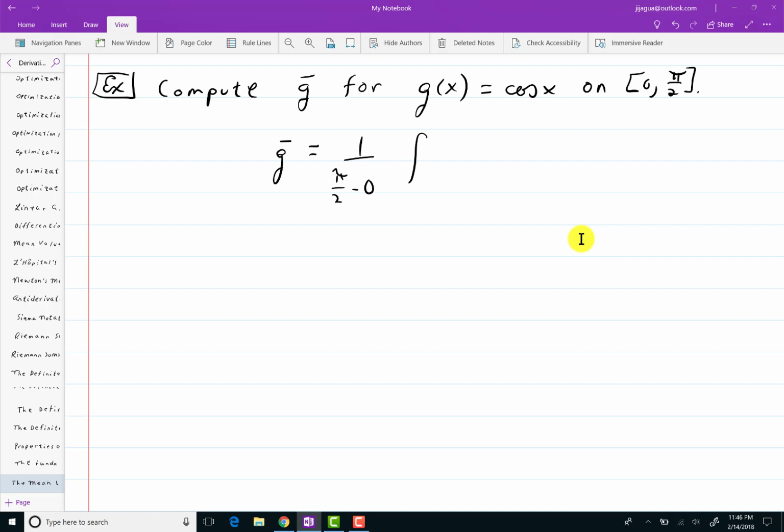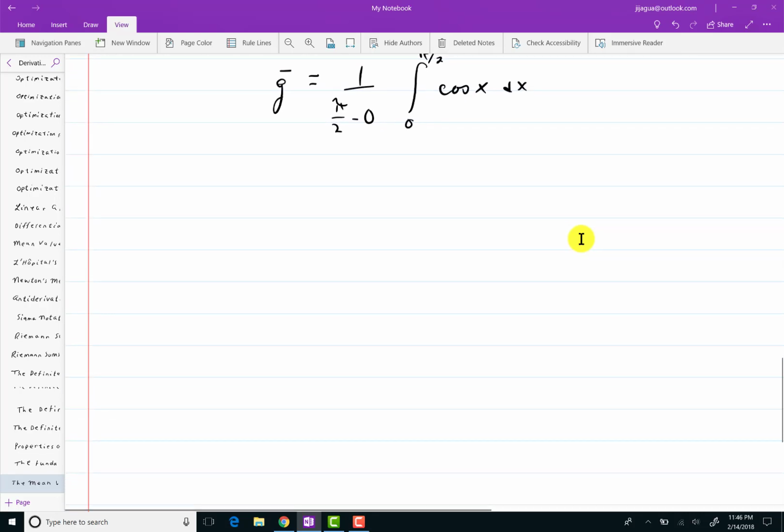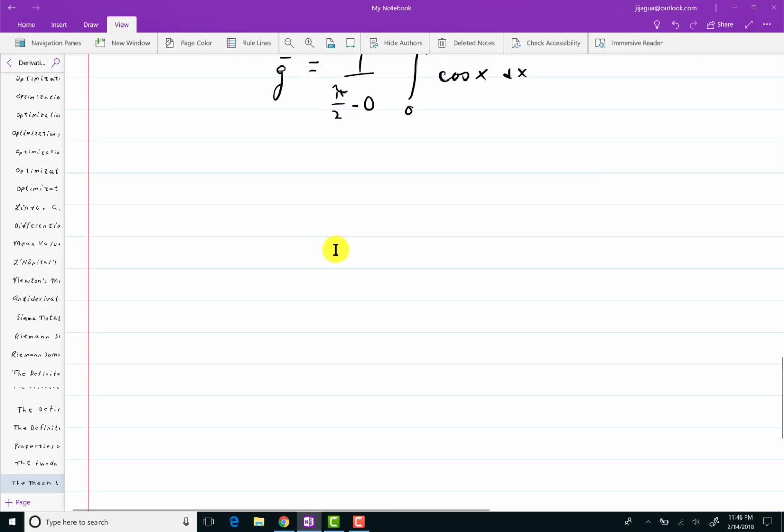The integral goes from 0 to pi over 2 of cosine of x dx. This down here will be just pi over 2, but when you have it in the denominator like this, this will become 2 over pi times the antiderivative of cosine, which is positive sine of x, evaluated from 0 to pi over 2.